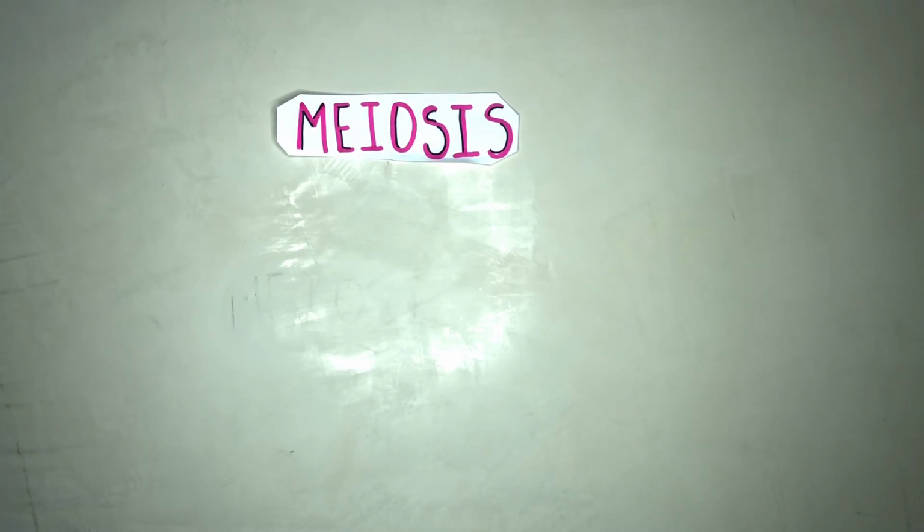Meiosis in humans is a division process that takes a diploid cell to a haploid cell. So in this video I'm going to explain the phases of meiosis, phase 1 and phase 2, and how it can be related to mitosis. So let's start.